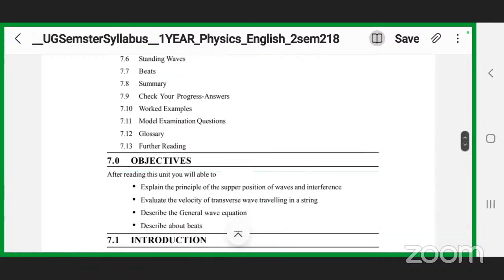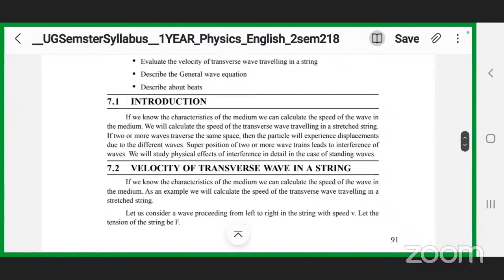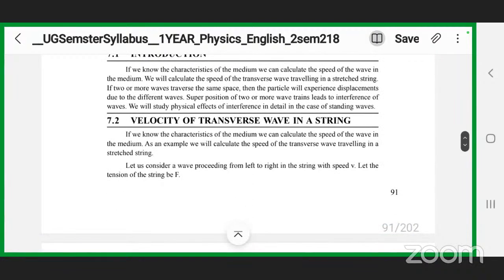So the expected question is the velocity of transverse wave in a string. In regular degree as well as open degree, this is an expected essay question. Problem questions can also come from this concept.